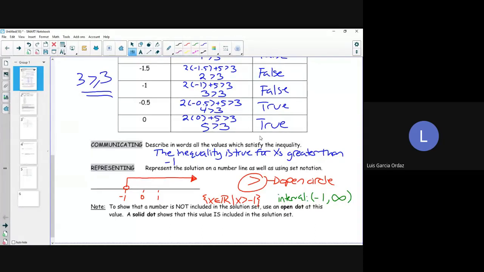Okay? So to show that a number is not included in the solution set, we're going to use an open dot at this value, and a solid dot, like I said, shows that the value is included in the solution set. Remember, if it's not included, use the open circle. If it is included, you use the closed circle.